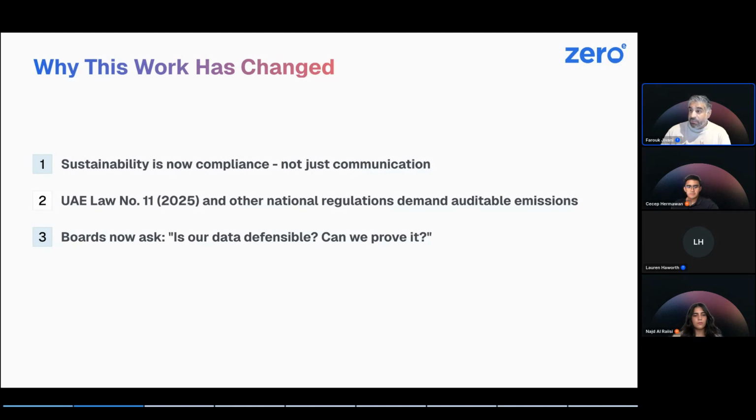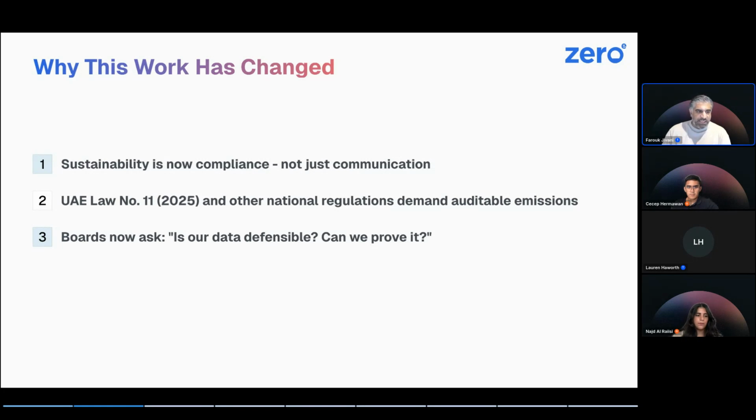As you work with banks, those disclosures also need to be auditable if you're accessing sustainable finance. And if you're in the EU, CSRD requires those emissions disclosures to be auditable and verifiable. That changes how you need to approach this.